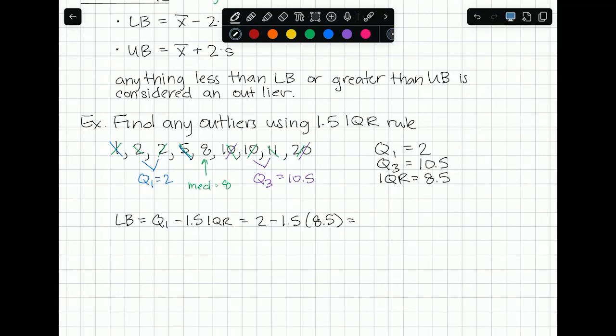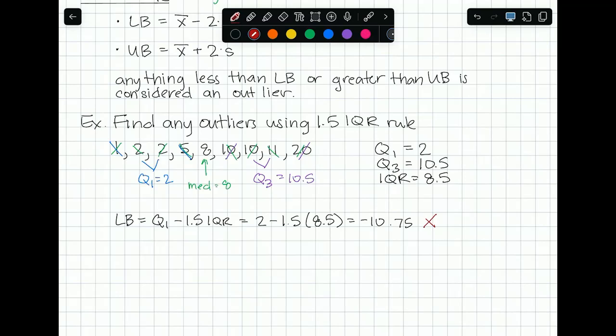And my lowest data point is 1. So 2 minus 1.5 times 8.5. And that gives me negative 10.75. So I don't have any outliers on the low end of my data. My smallest data point is 1. So we're clear on that end.